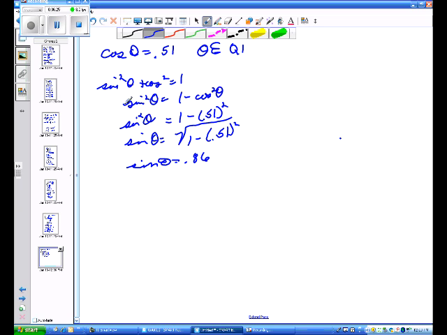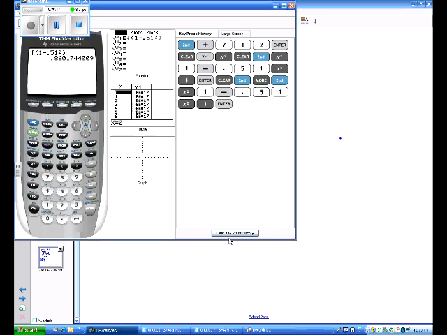So now we know the sine and the cosine. We can do the reciprocals. The secant of theta is equal to 1 over the cosine, so the secant of theta is equal to 1 over 51 hundredths. Now there's several ways that we could do this on the calculator. We could put 1 divided by 51 hundredths and come up with 1.96 rounded to 2 decimal places.